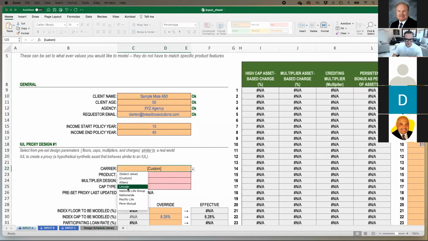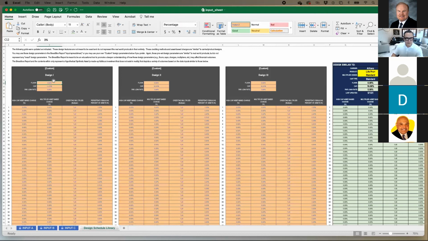This is the drop-down menu where you select the carrier. If the carrier is not in here or the product is not in here, you would click custom, and then you go to design schedule library down here at the bottom. And then these areas here, you could put in whatever you want. So, 0% floor, whatever, 10% cap, participating loan rate, 6, whatever it was.